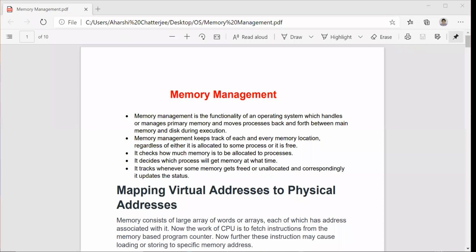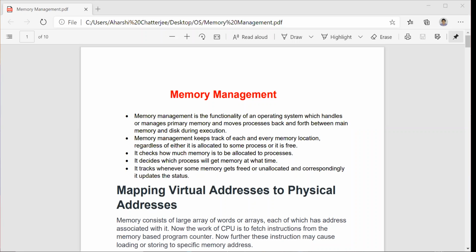Memory management is the functionality, the procedure, the technique of an operating system by which every operating system handles or manages primary memory.